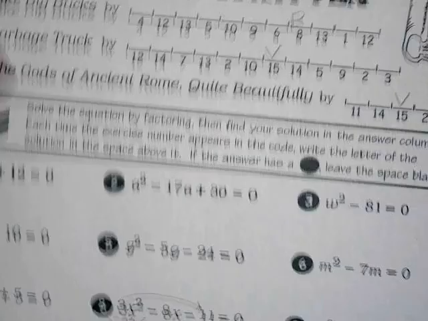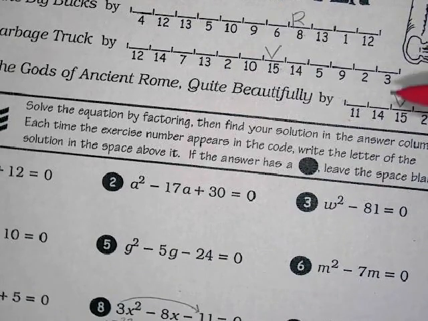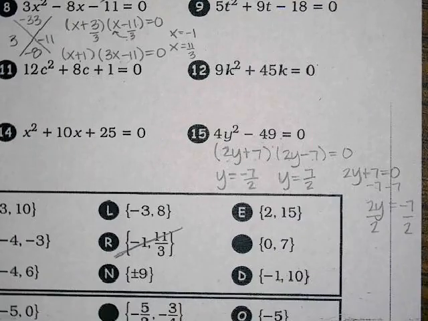I don't know. What does it say? I don't know. It didn't say. Yeah, every 15 you see you put a V. I'm not sure if the answers get used more than once or not.